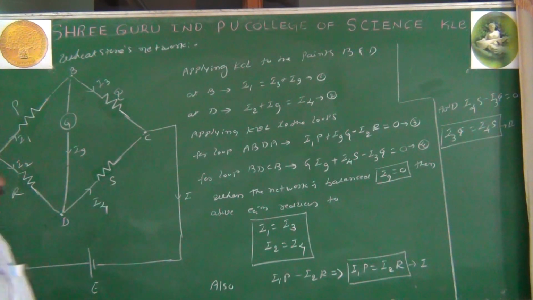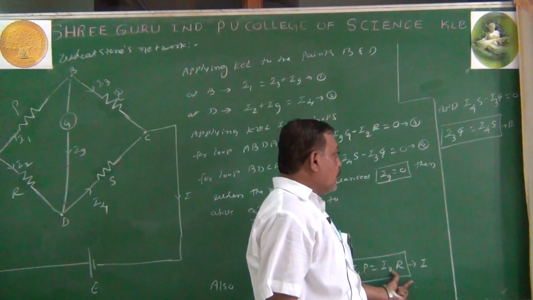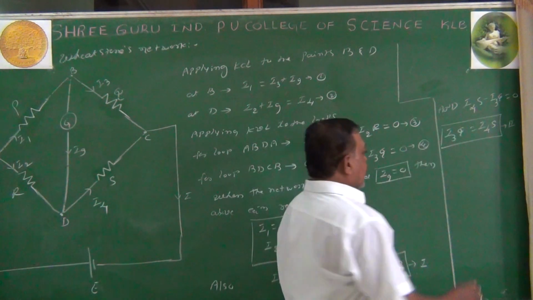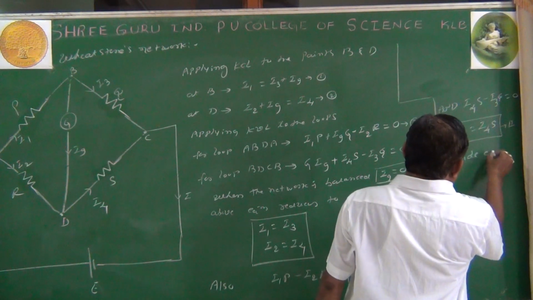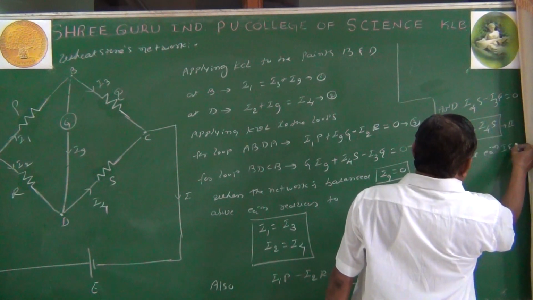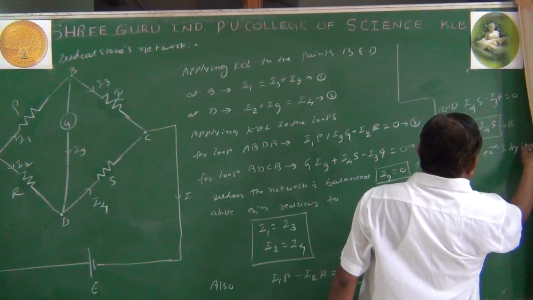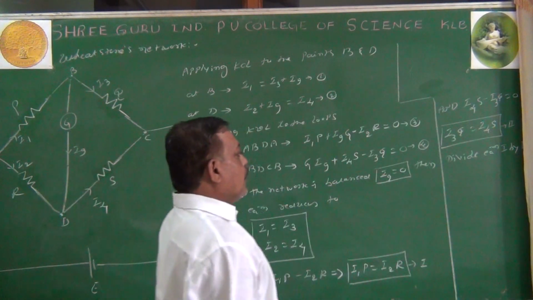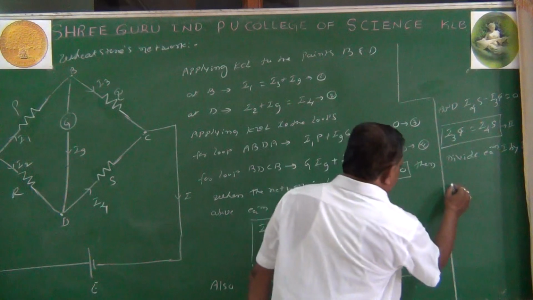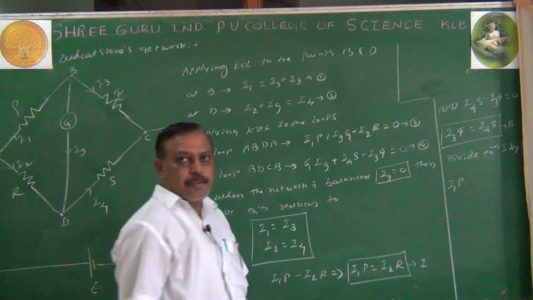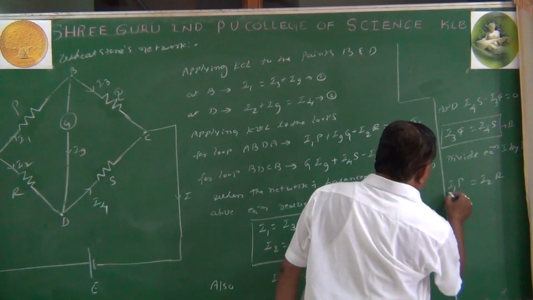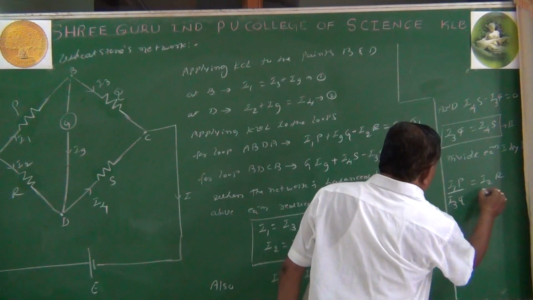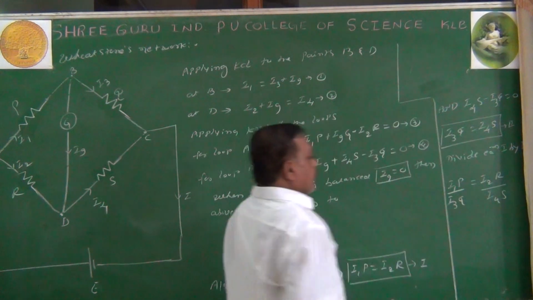Then I divide equation 1 by equation 2. I1P equals I2R, divided by I3Q equals I4S.